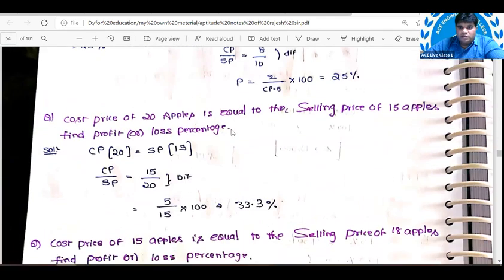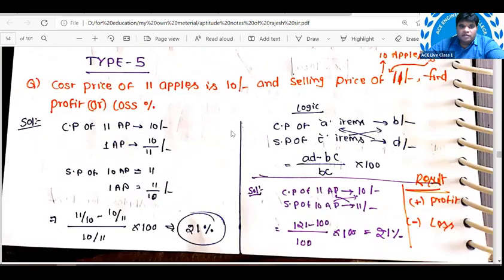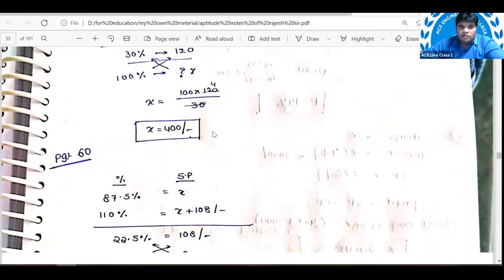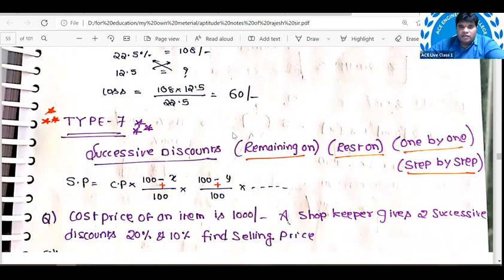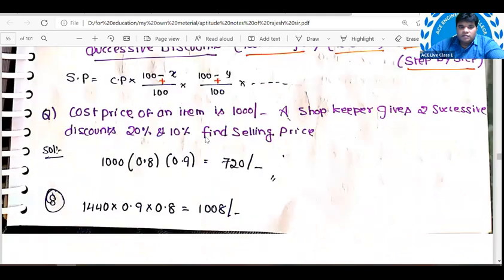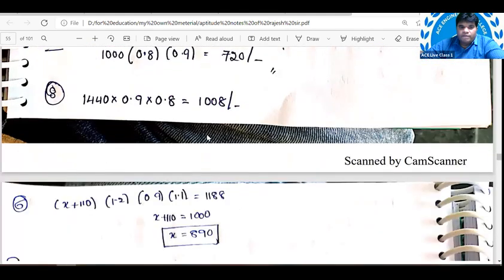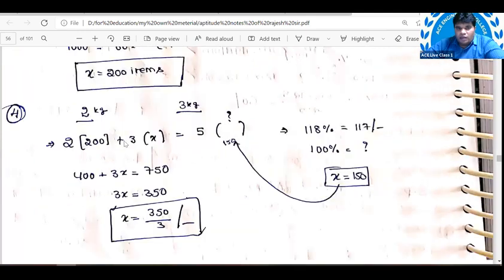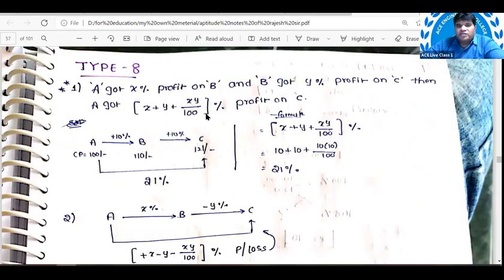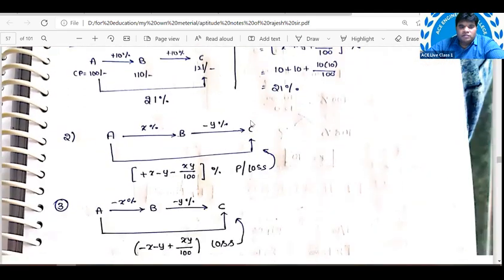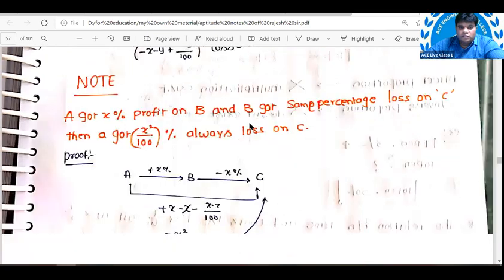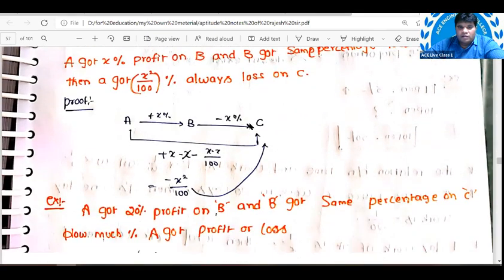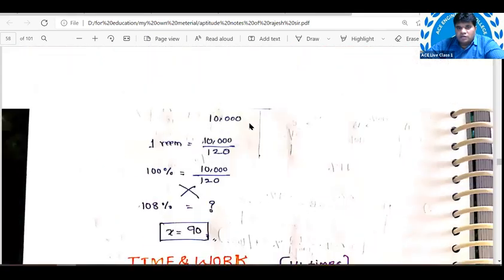Type 5, percent concept: AD minus BC by 100. 60 rupees, answer already known. Material questions. A to B X percentage, B to C Y percentage concept.